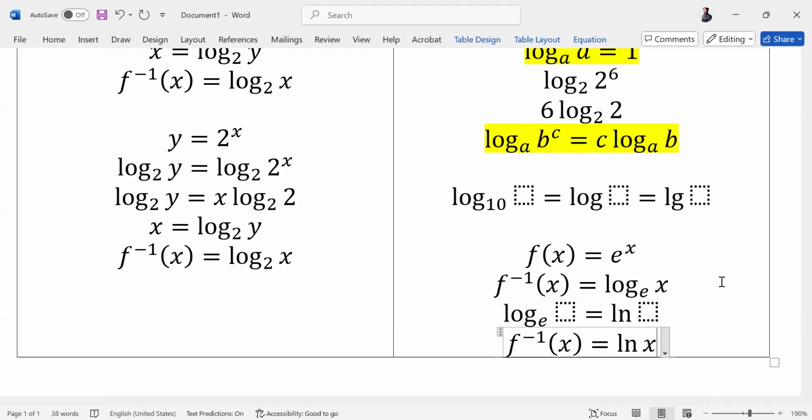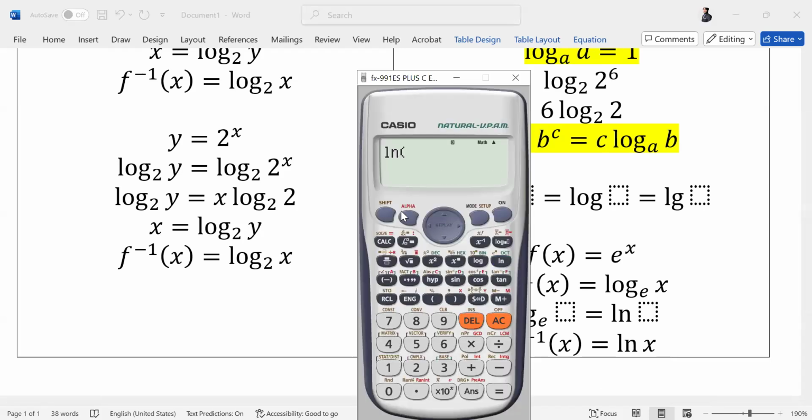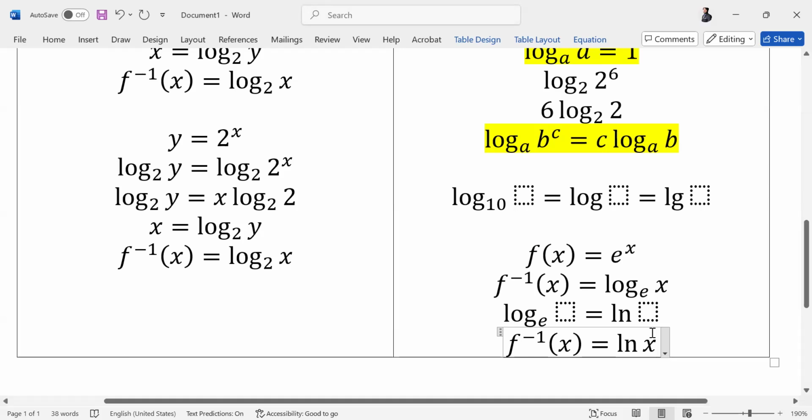So what should be ln e? What should be the value of ln e without using the calculator? ln e. So these are the two logs that we will often use. The two common bases: one is called the common base, and the other is called the natural base. Is this clear or not?